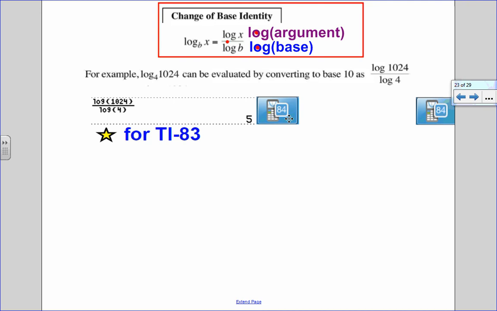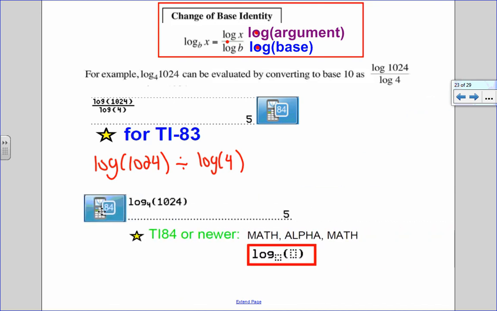Okay, now I know TI-83s, you don't have a fraction key, so actually a little bit more accurate way of writing that would be this: log of 1024 divided by log of 4. So that's how my 83s are going to enter it in. 84s and the color calculators have a bit of a shortcut. Okay, so all you have to do is enter in math, alpha, math, and you get this little log template.